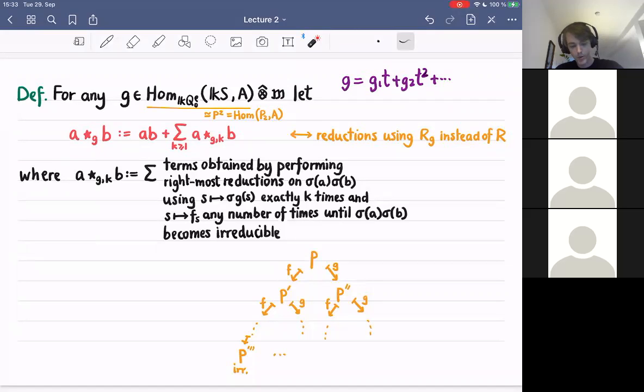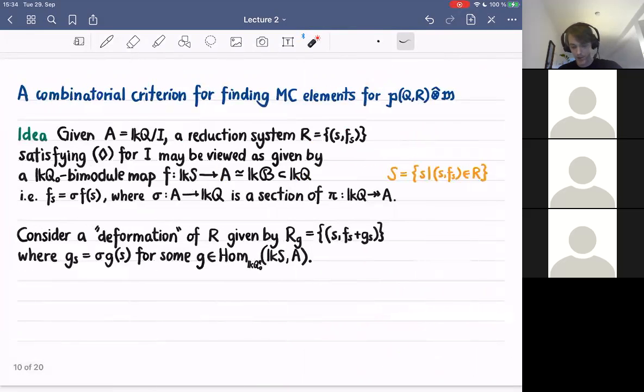You take the old product and then you take a sum over star G Ks with B. The idea here is that this captures precisely the reductions using RG instead of R, where RG was this modified reduction system here.